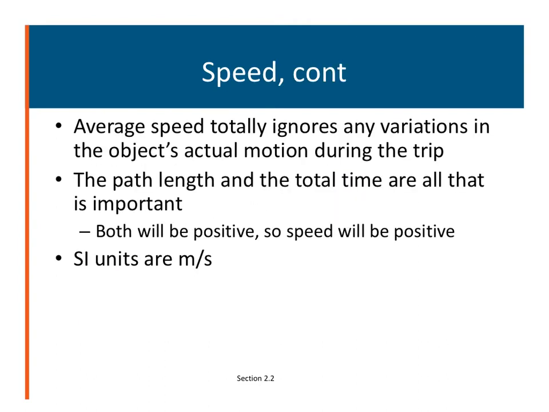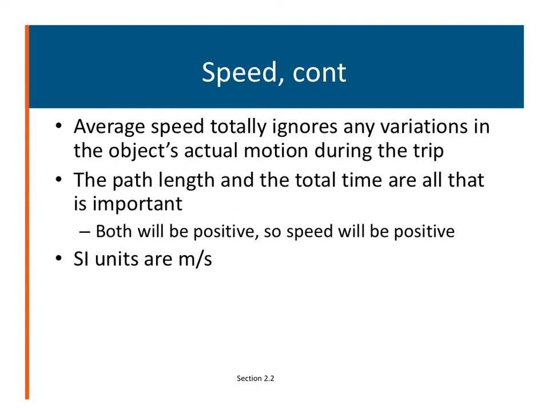Average speed totally ignores any variations in the object's actual motion during the trip. The path length and the total time are all that is important. So it doesn't matter if we have any twists or turns, it's just totally dependent upon the path length, the distance traveled, so the reading on your odometer, and the time that it takes to travel that distance.